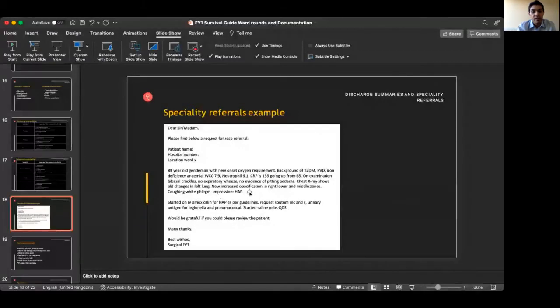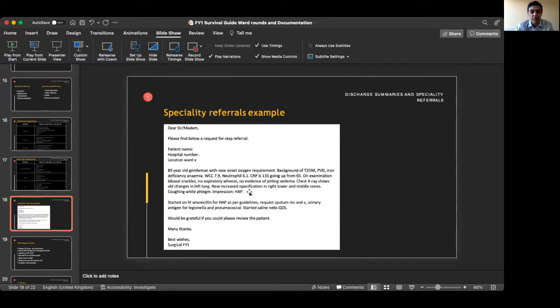I then go on to tell Nihal about the impression. So I think this is hospital-acquired pneumonia, and I tell the respiratory team the management plan we've initiated, just so they're aware. So we've started this patient on IV amoxicillin as per the trust guideline for hospital-acquired pneumonia.